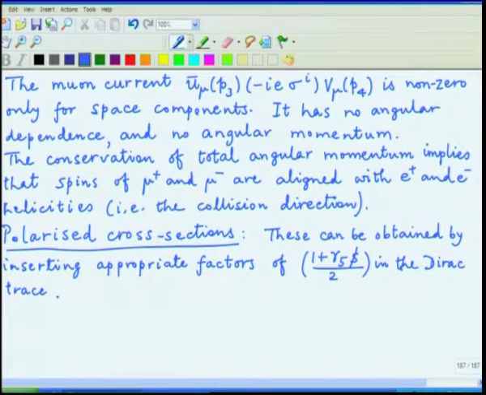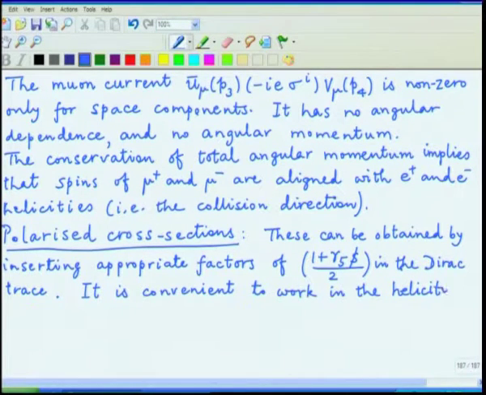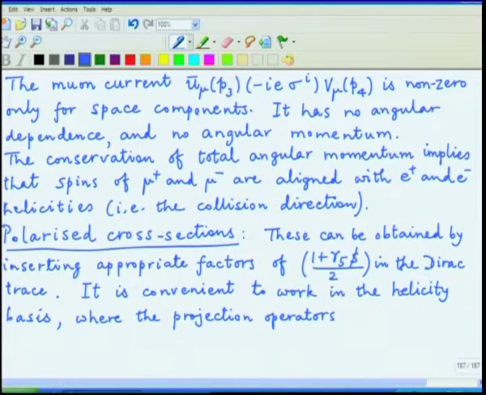This projection operator we worked out in the Dirac basis. It is a little more convenient to work not in the Dirac basis, but in the helicity basis or the Weyl basis, in which case the projection operators for helicity are 1 plus or minus gamma 5 by 2.